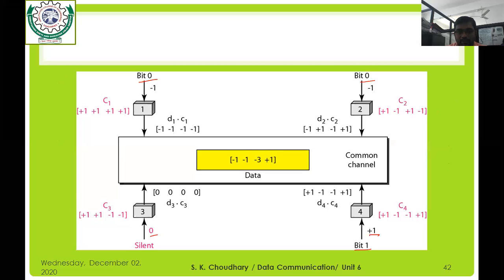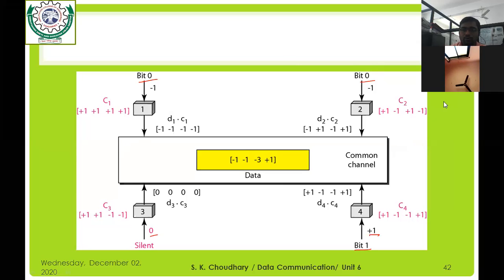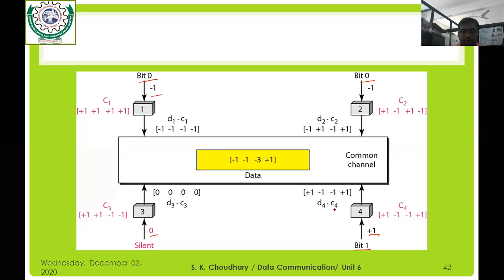In this diagram, the same situation has been shown. Here you can see the data coming in, that is -1, and then the chips for all 4 stations, C1, C2, C3 and C4, each having its pattern. They are multiplied to give D1 C1, D2 C2, D3 C3 and D4 C4, and then sent through the common channel.